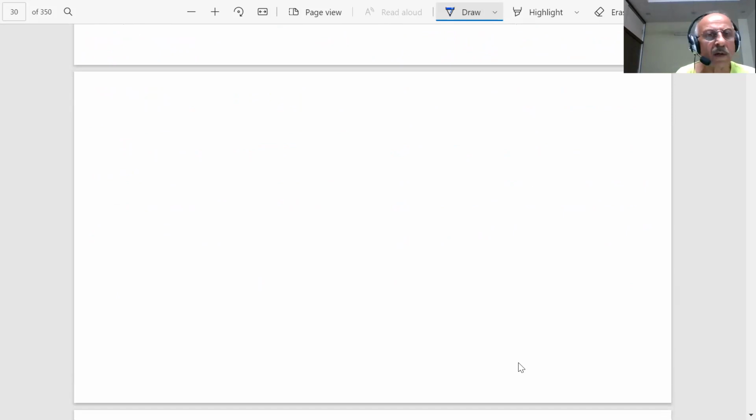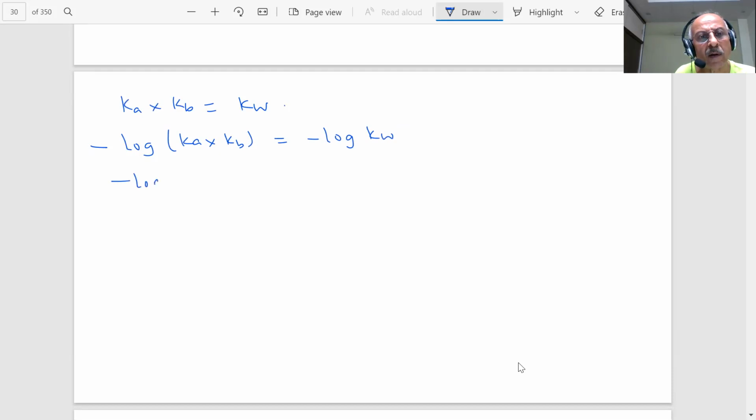If I say, student, Ka into Kb is equal to Kw, if I take the minus logs of these, what will I get? What is this then? pKa plus pKb is equal to pKw.